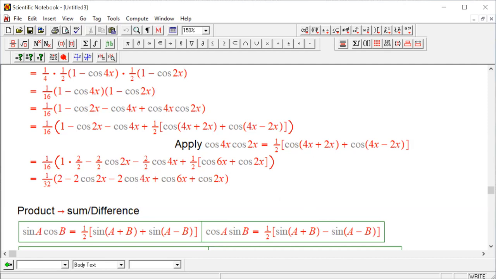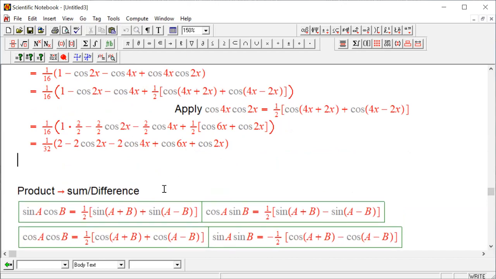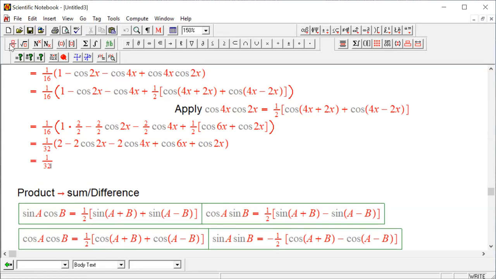Okay, so our patience has paid off. And that equals 1/32. I'm going to organize the terms inside here. Do we have any like terms? That's the question. Cosine 6x, cosine 4x alone, cosine 2x, and this is negative 2 cosine 2x.